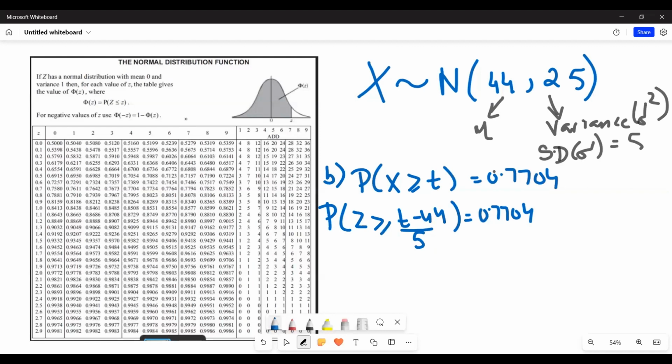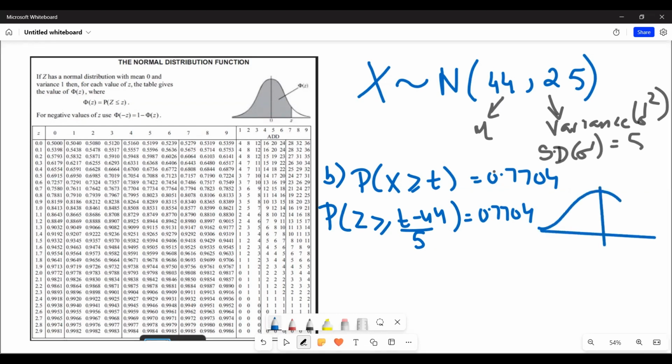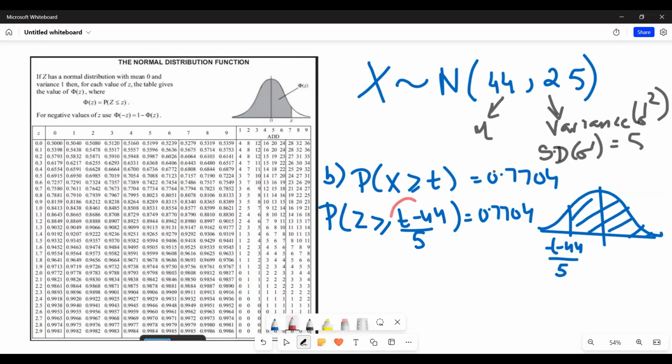Now you have to check whether t minus 44 over 5 is a positive value or negative value. So here's the normal distribution curve, and it's greater than equals to a value, and it's 0.7704. So it has to be somewhere over here. So t minus 44 upon 5 is a negative value. So this is negative.